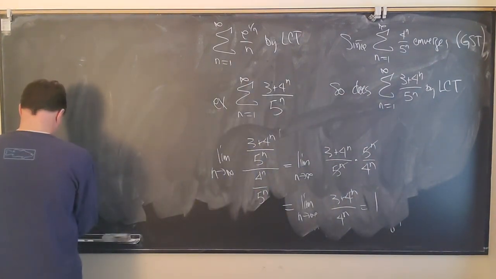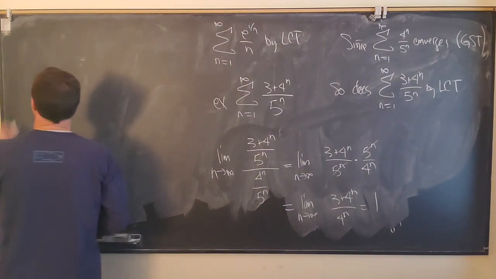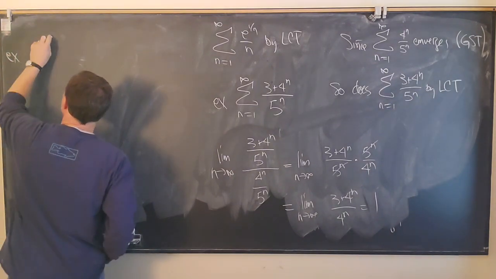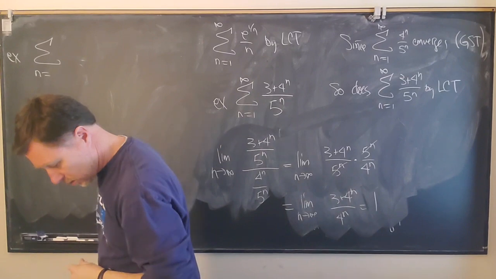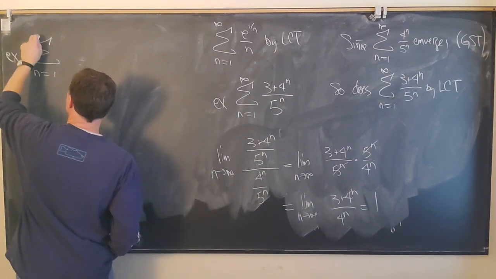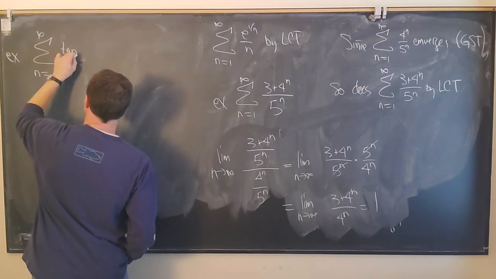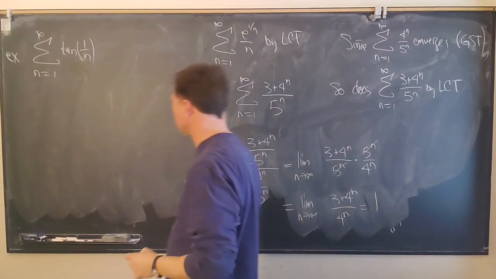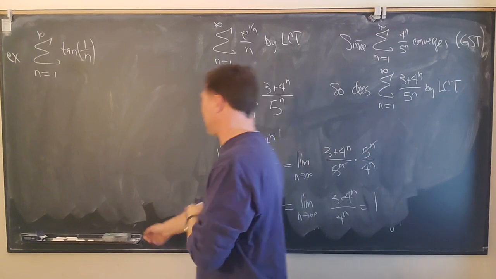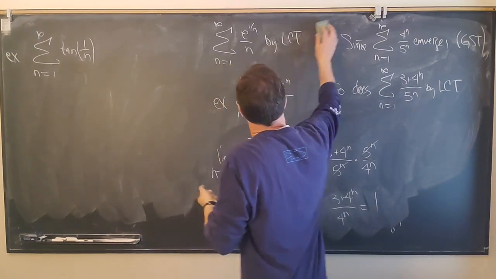Okay, so let's do one more example. And this one is a little trickier. So sum n equals 1 to infinity of tangent of 1 over n. Now, this one may or may not look familiar. In fact, this one's a little bit more obscure.